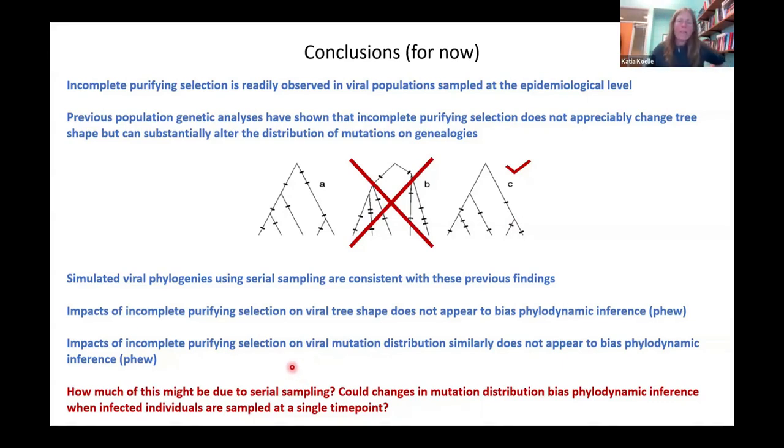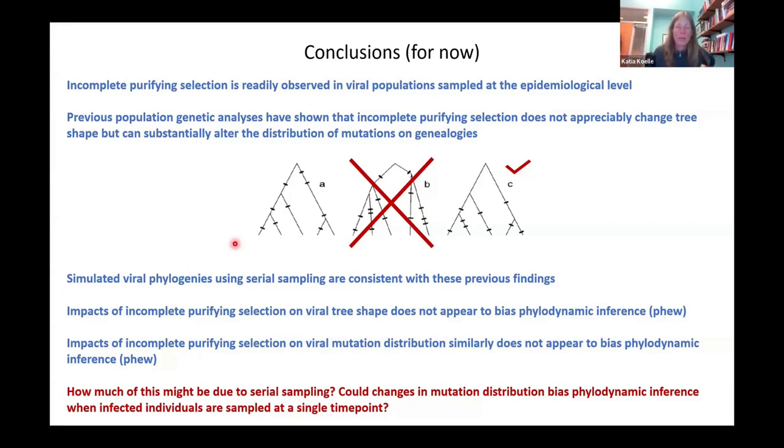One thing we're finishing off right now, and don't have ready quite yet, we still have a week left to put in our final analyses, is how much of this lack of bias is really because of the serial sampling nature, that these sequences are sampled over time rather than at a single time point. I think it's wonderful that there isn't this bias.